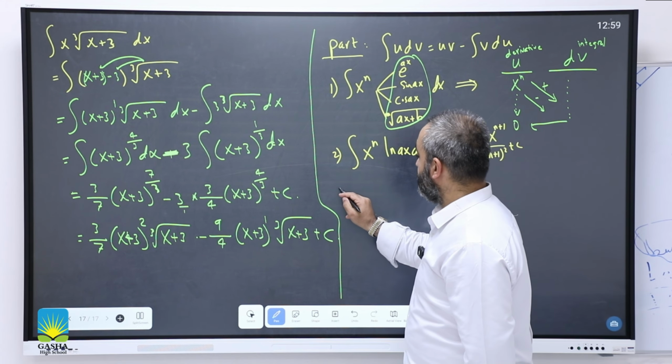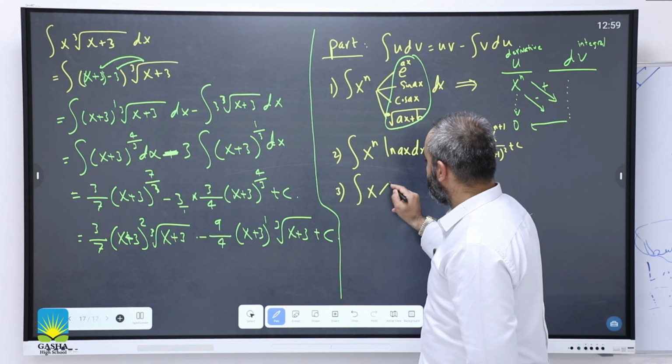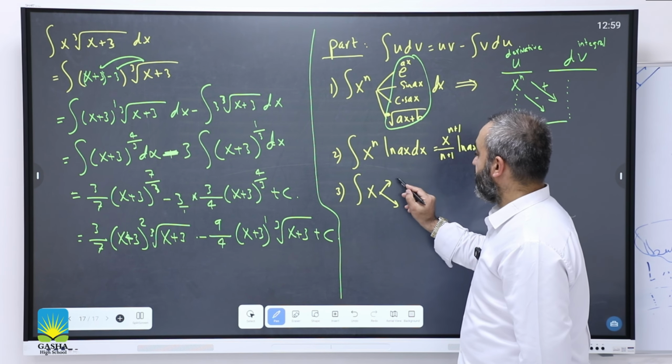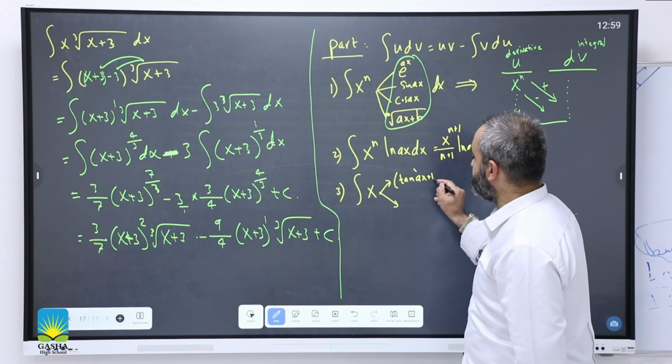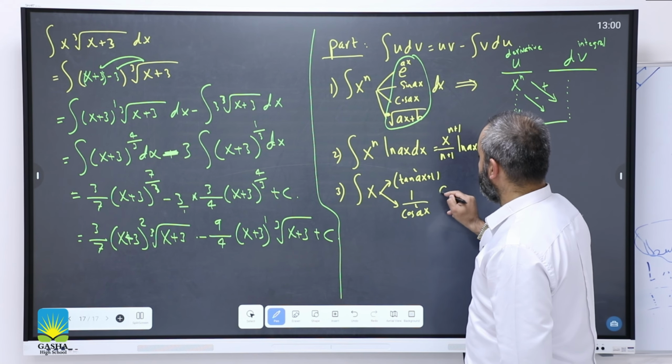And we have the third: the integral of x with 2 terms here, tan squared ax plus 1, and 1 over cosine squared of ax, dx.